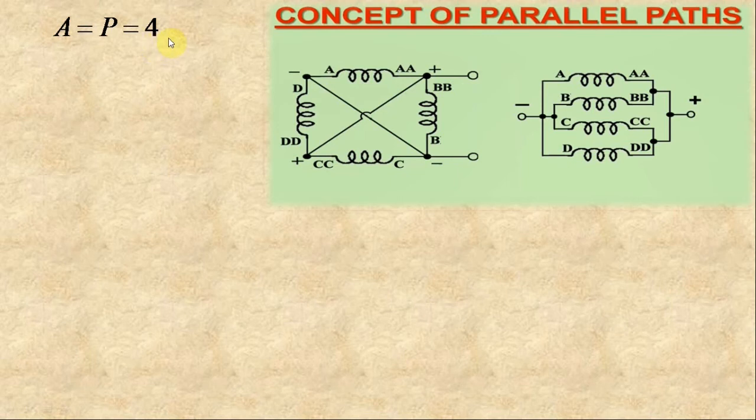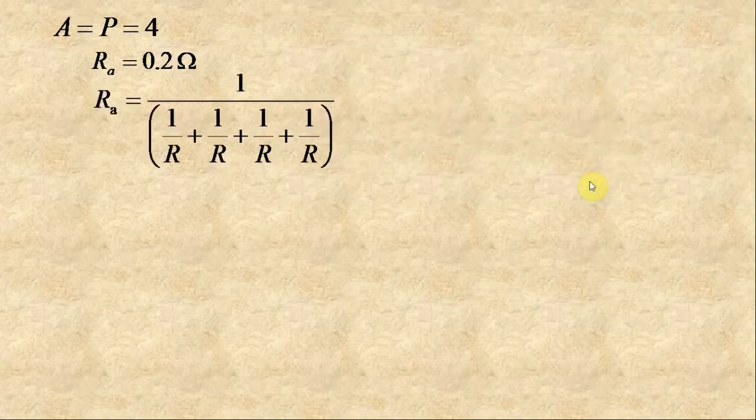Here, we have the armature resistance equal to 0.2 ohm. Actually, the armature resistance is nothing but the equivalent resistance of all parallel paths. So, considering R is the resistance of each parallel path, we may write the equivalent resistance of all parallel paths equal to 0.2 ohm. Thus, R is calculated as 0.8 ohm.